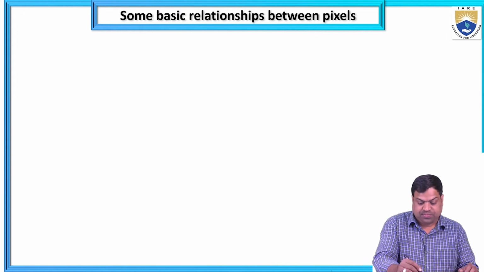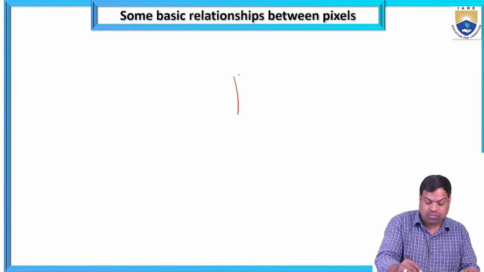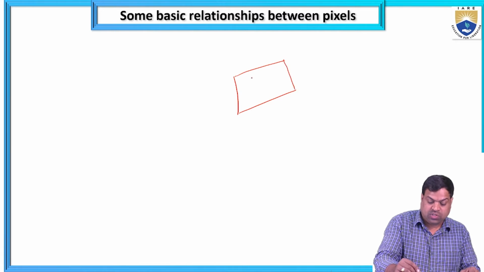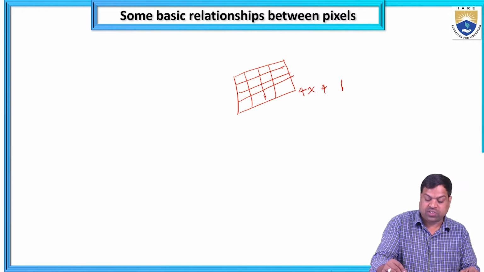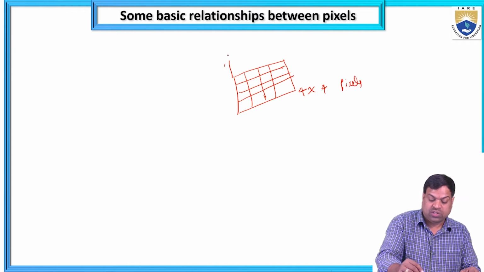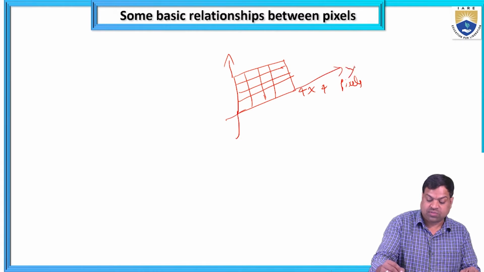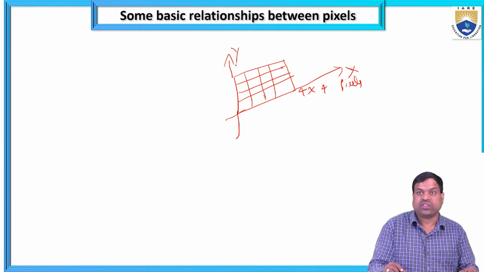Suppose the image has some 4 by 4 pixels. I am taking this as an example, with x and y coordinates, x axis and y axis.